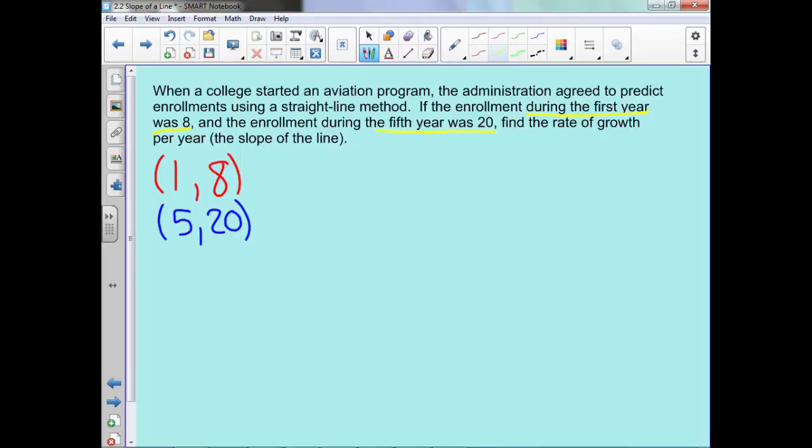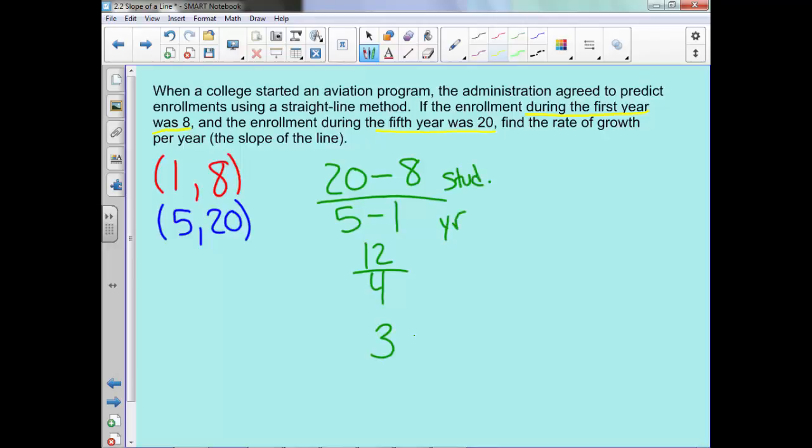We want to know the rate of growth per year, or this would be the slope of the line. So once again, we're going to use our slope formula. So 20 minus 8 over 5 minus 1, which means we had 3, and this was students per year. So 3 students per year. So our enrollment grows at about 3 students per year. And that is section 2.